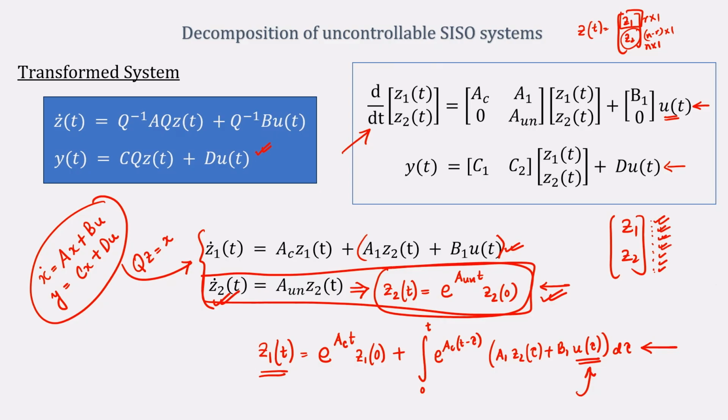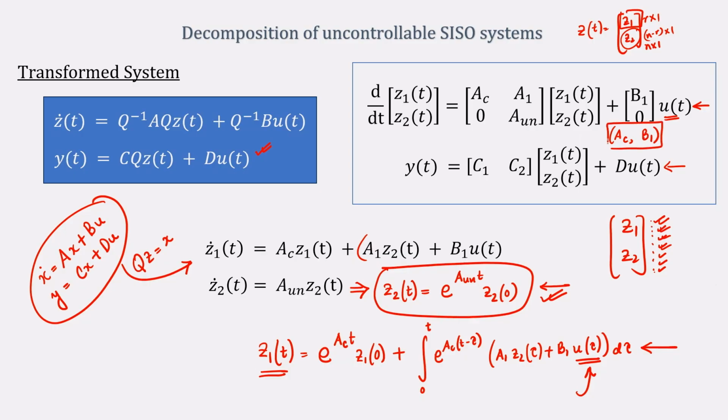What we are claiming with this transformation is that the last n minus r state variables we will not be able to control because they will just depend on the initial condition of those state variables, whereas the first r state variables in this form can be controlled because I have a u which will influence them. As a matter of fact, you can go ahead and prove that (Ac, B1) is a controllable system, which means that the rank of the controllability matrix corresponding to Ac and B1 will come out to be r.